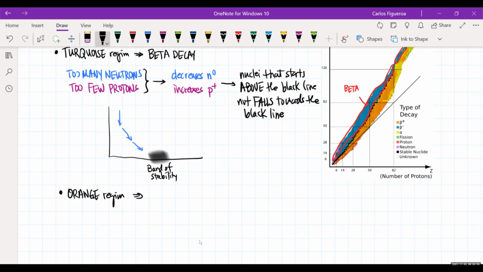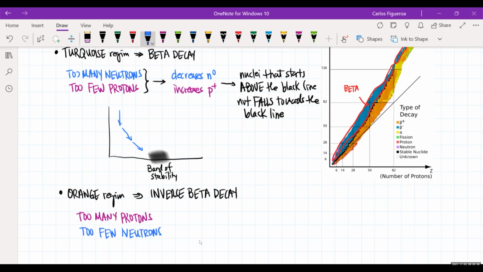And this is the region of inverse beta decay. And so in this region, what do we have here? We have too many protons, and we have too few neutrons.